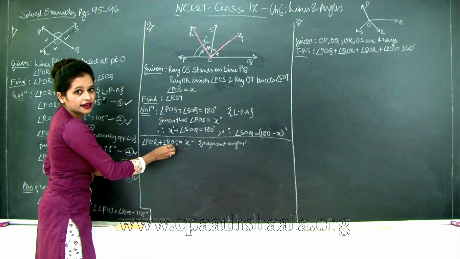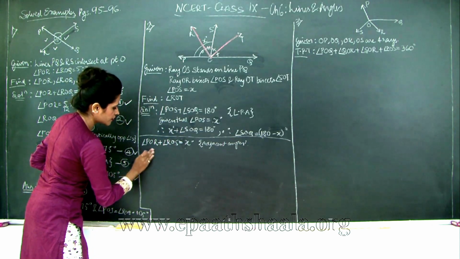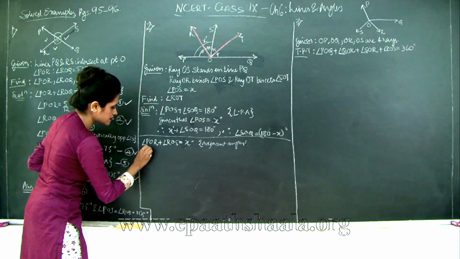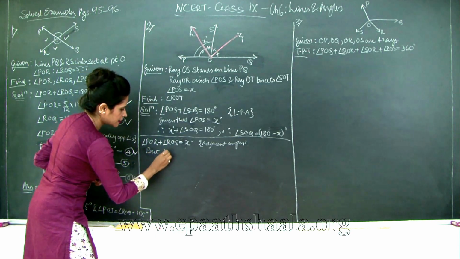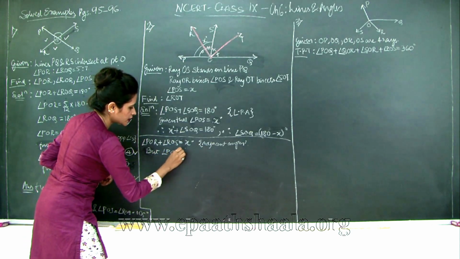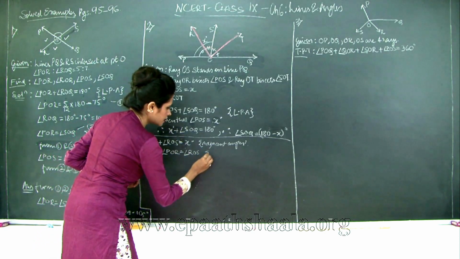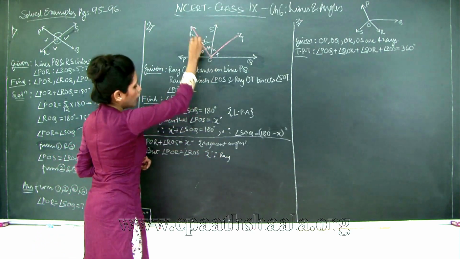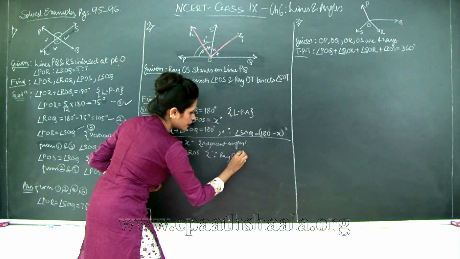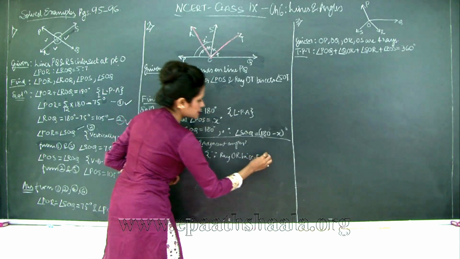But POR and ROS are equal. We can rewrite POR as ROS. But angle POR is equal to angle ROS. Why? Since ray OR bisects angle POS.